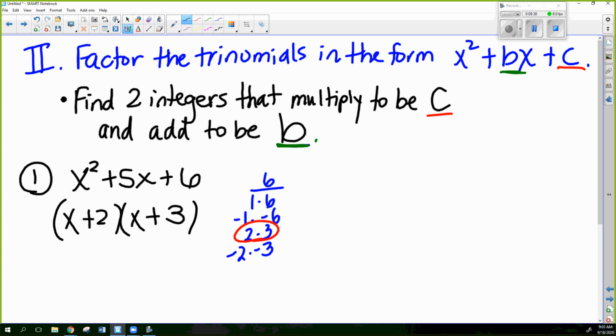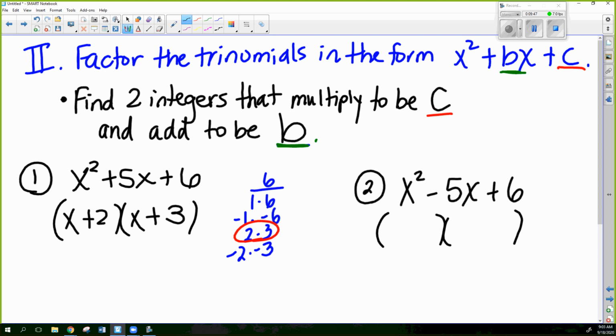All right? Now, I'm going to give you a similar problem, but change one thing. I'm going to say x squared minus 5x plus 6. So we're going to start out exactly the same way by putting what in the front of each?